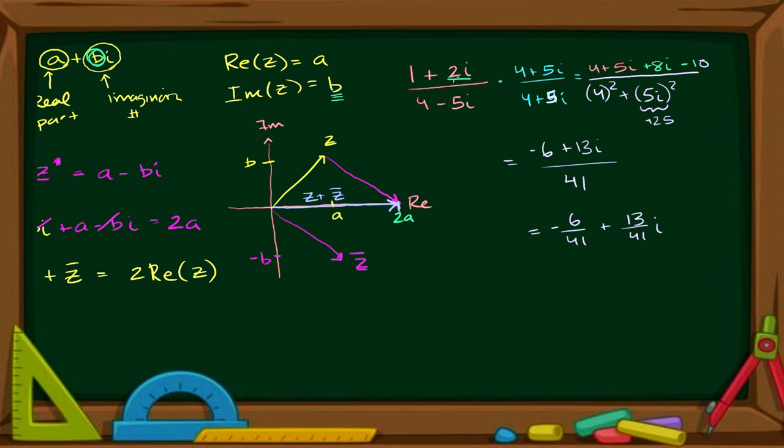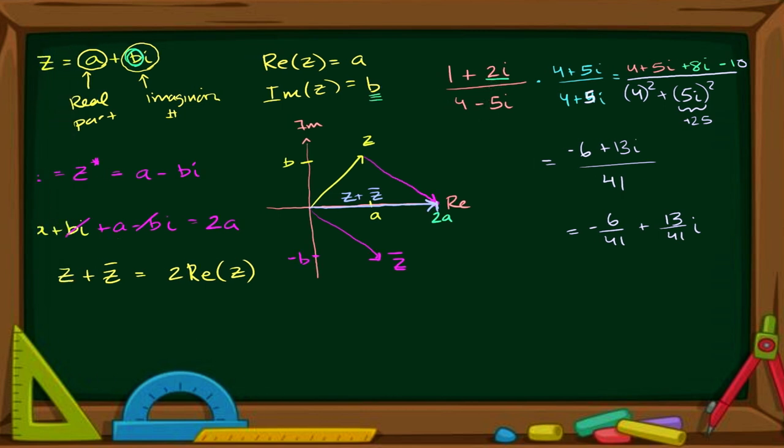We were able to divide these two complex numbers. So the useful thing here is the property that if I take any complex number and I multiply it by its conjugate, and obviously the conjugate of the conjugate is the original number, I'm going to get a real number. So this would be a plus bi times a minus bi.